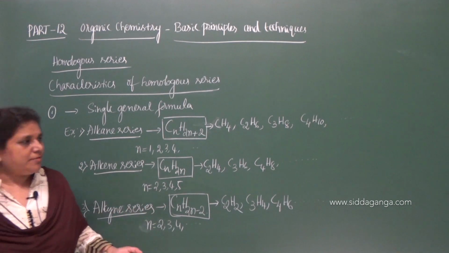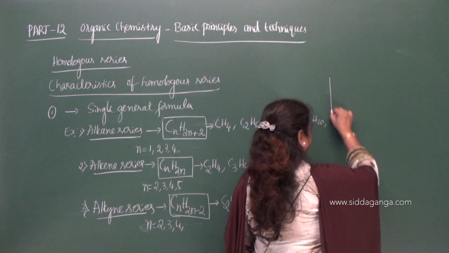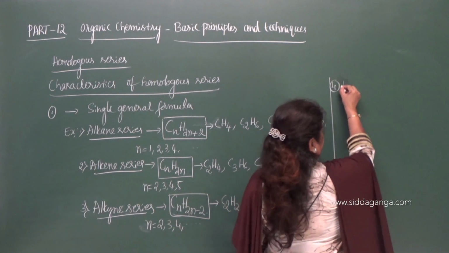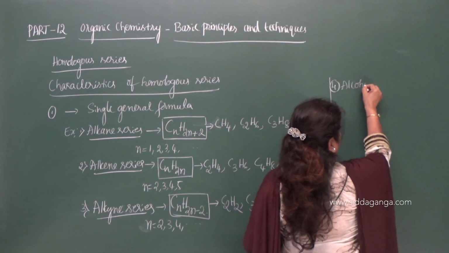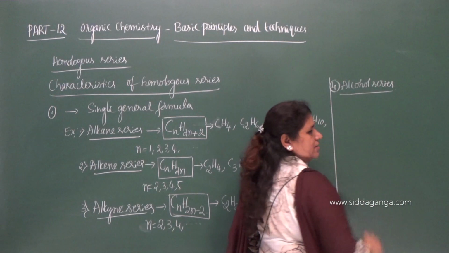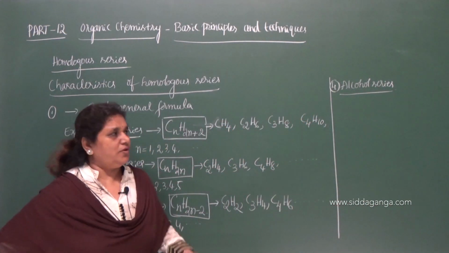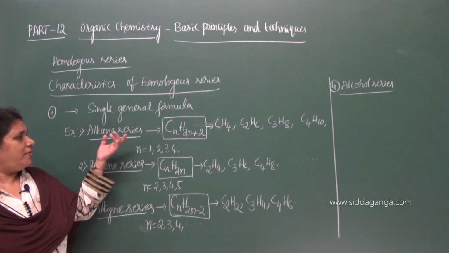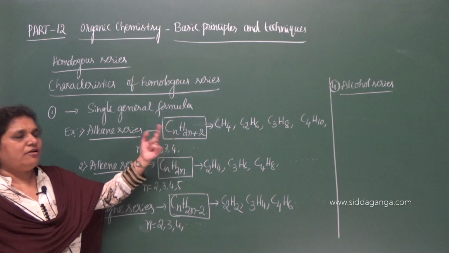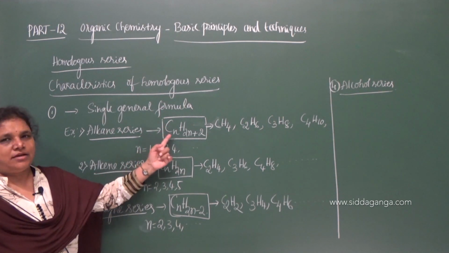Okay, now let me give the next example here, the fourth example for a general formula: the alcohol series. How do we get the general formula for the alcohol series? Alcohols are derived from alkanes. So by using the general formula of alkane, we can get the alcohol series general formula.